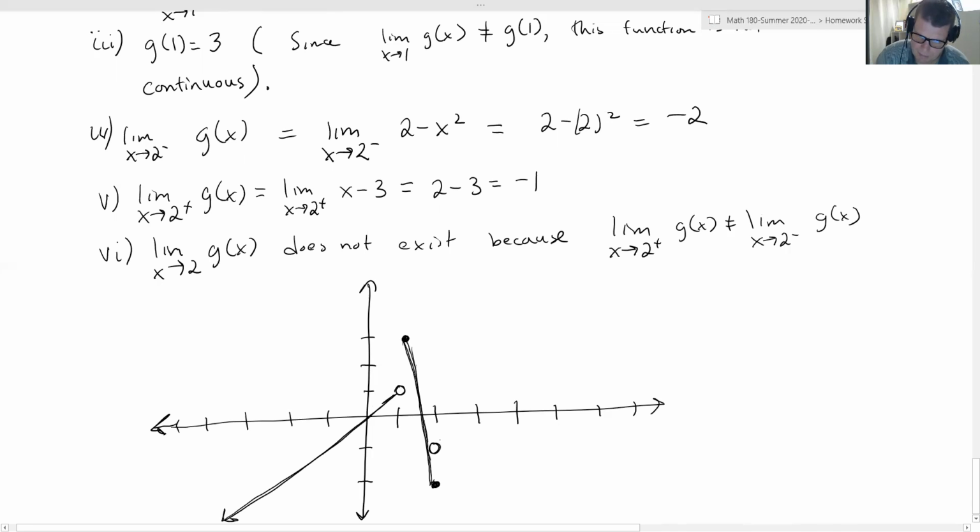And then we've got x minus 3, which is just a straight line there. Here is x minus 3. Here is y equals x. Here is y equals 2 minus x squared.